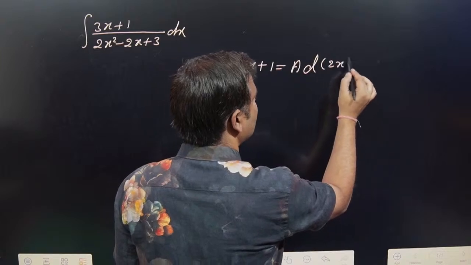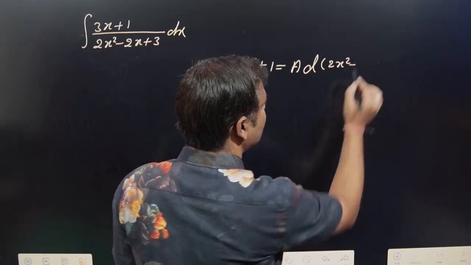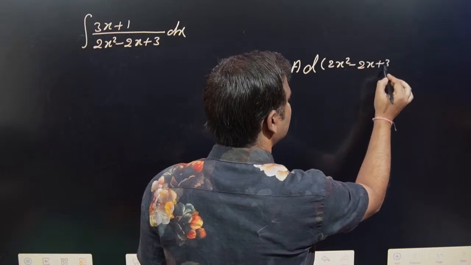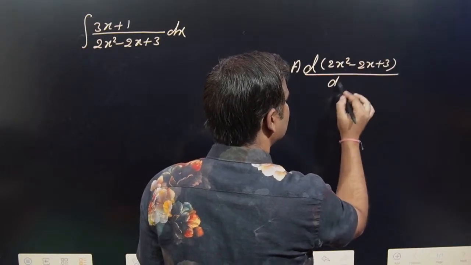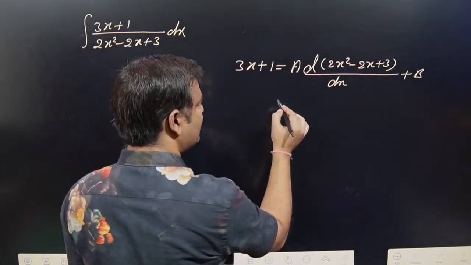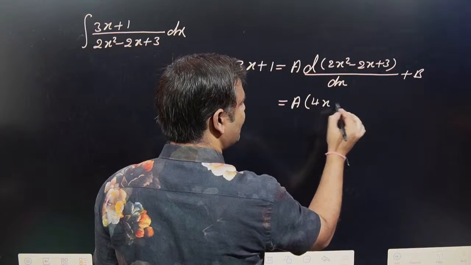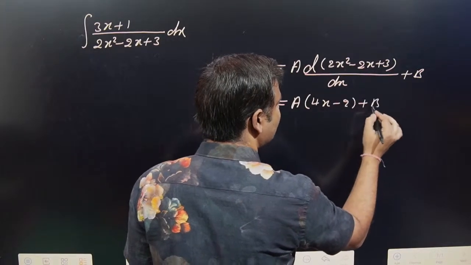So first I have written here, sorry, 2x square minus 2x plus 3, with respect to x, plus B. After that, look here, A into 4x minus 2 plus B.